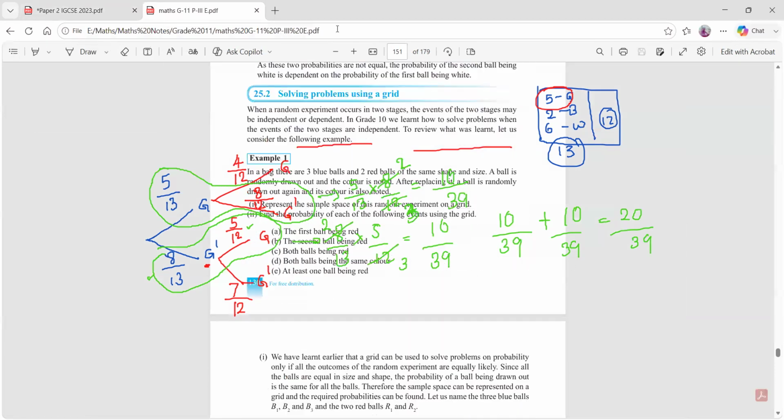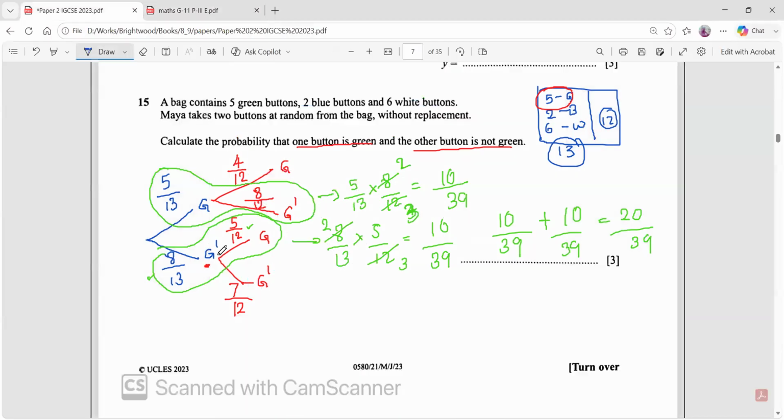Yes, I will draw some. First of all, write it. Yes, I give some more questions. Okay, there is given one button green, other one not green. It's better to draw this kind of tree diagram. Yes, I give one more question for you.